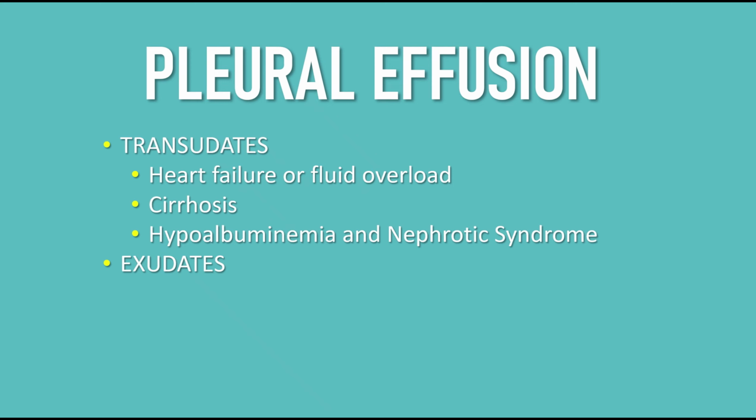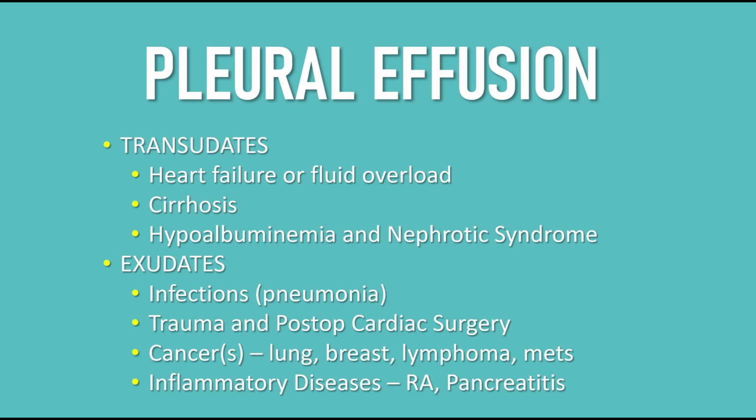The most common cause of exudates that we see in our practice, of course, is infections, pneumonia. We also see exudative pleural effusions with trauma and post-op cardiac surgery. And then coming in from the community, it's seen with various different cancers: lung cancer, breast cancer, lymphoma, metastatic cancers, inflammatory diseases such as rheumatoid arthritis or pancreatitis.